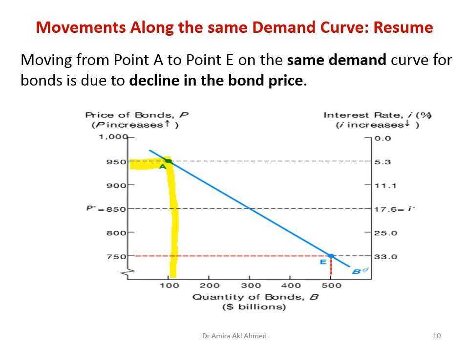This new price corresponds to an interest rate of 11.1%. Thus, the quantity demanded will increase to $500 billion as depicted by point E on the same demand curve. Thus, a movement along the demand curve for bonds occurs due to changes in the bond prices.